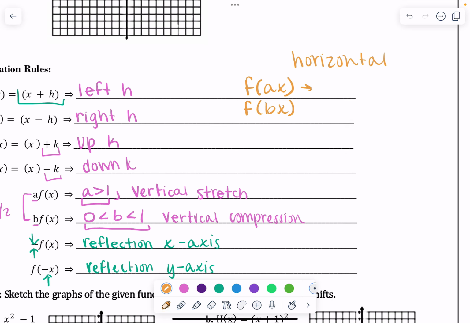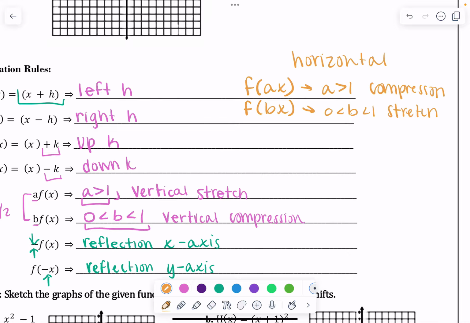And for this one, if my value of a is greater than 1, it's actually going to be a compression. It's the opposite of vertical. And then if it's 0 less than b less than 1, this is going to be your stretch.